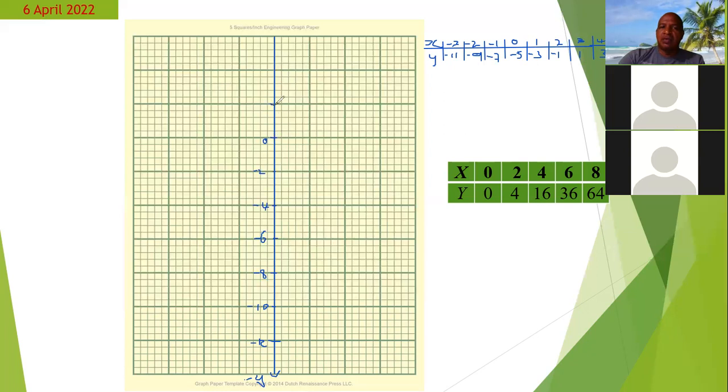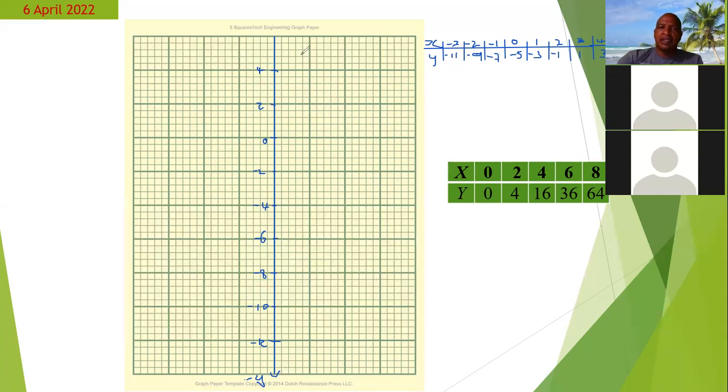So we would go 2, then 4. Now notice that the highest value that we have for the y value is +3, so we don't really need to go any further above. This scale on the y-axis can accommodate all the values for the y in the table.